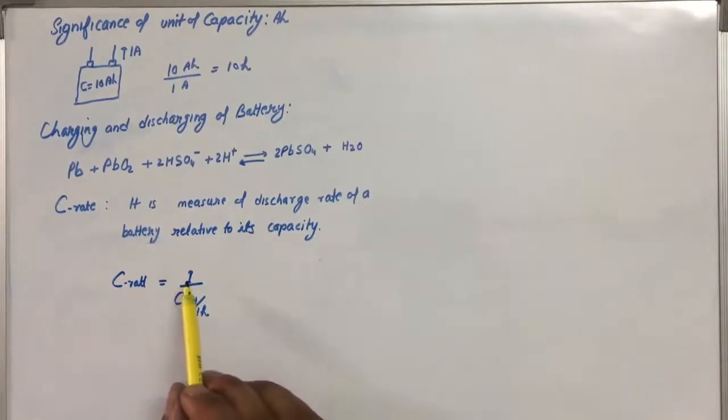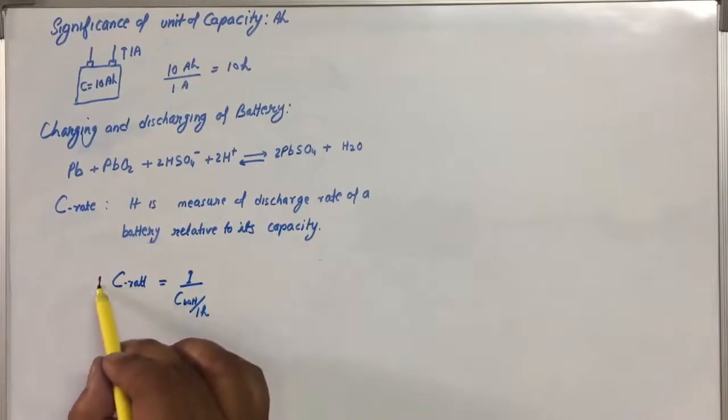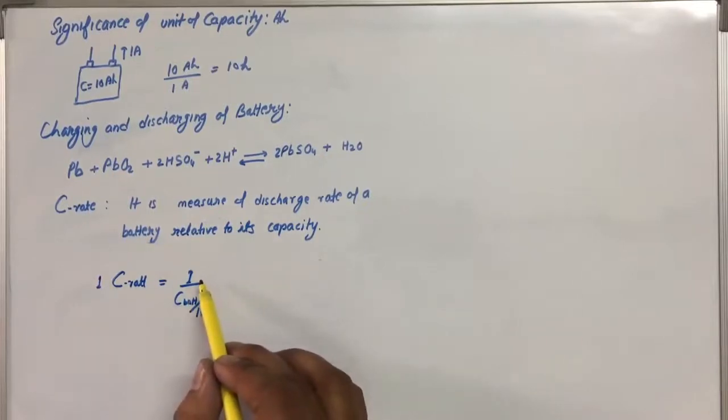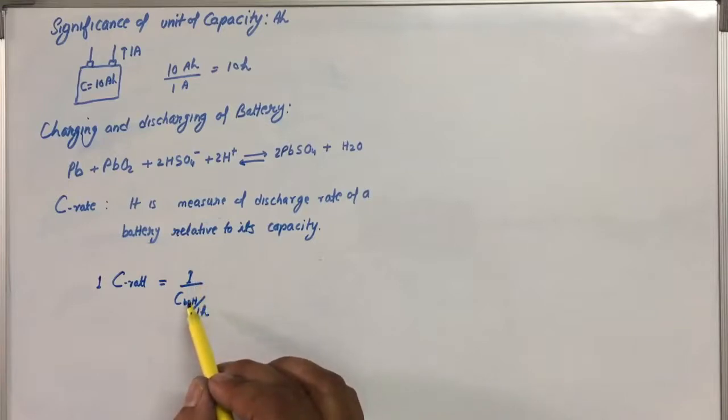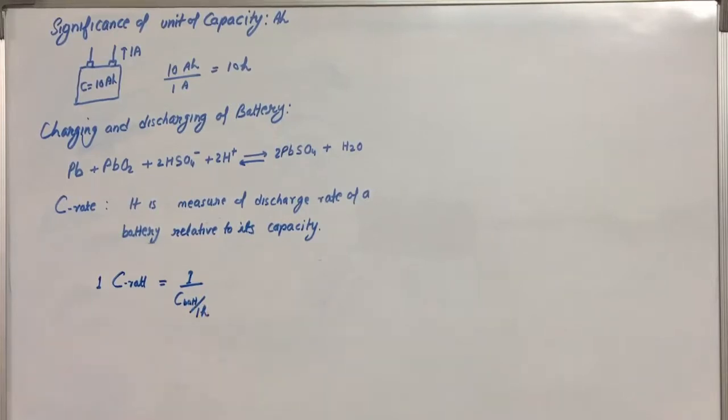That is the 1 C rate. For example, 1 C rate can be said as the current divided by the discharge current of the battery that can sustain over 1 hour.